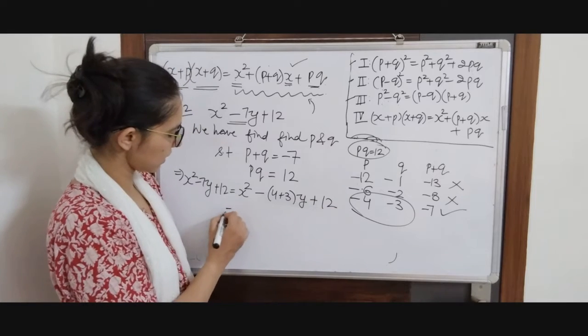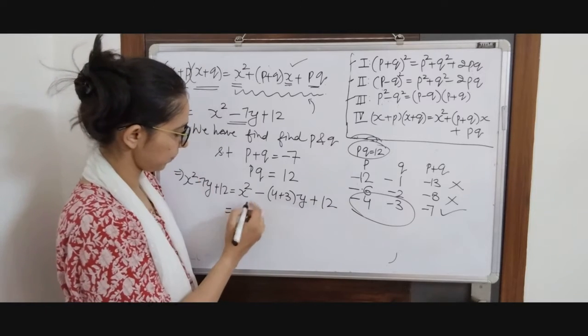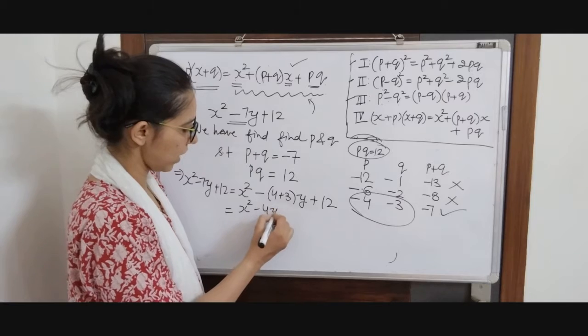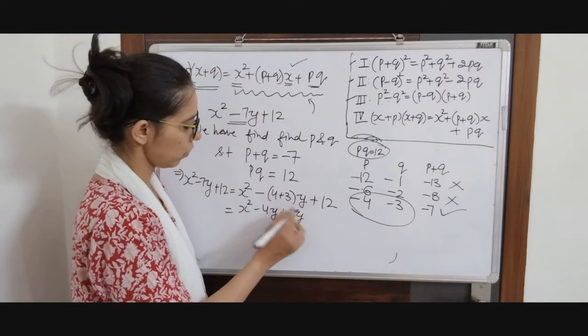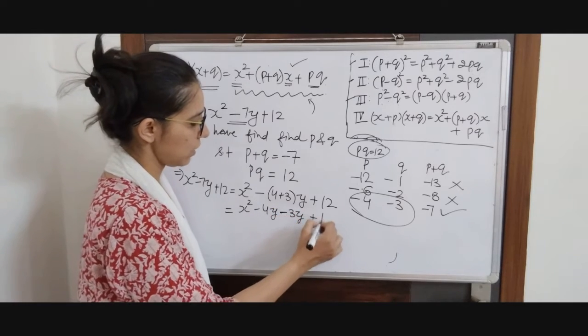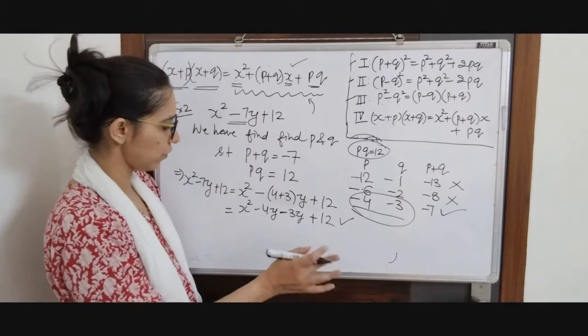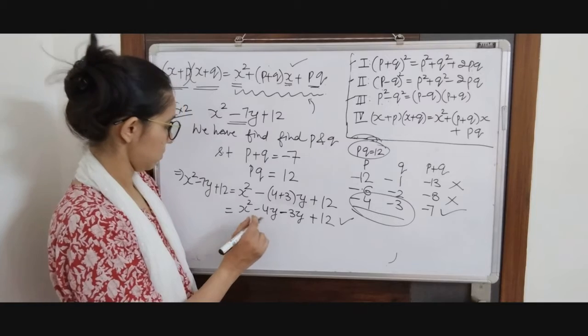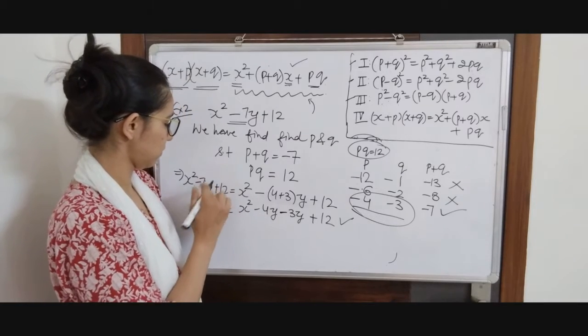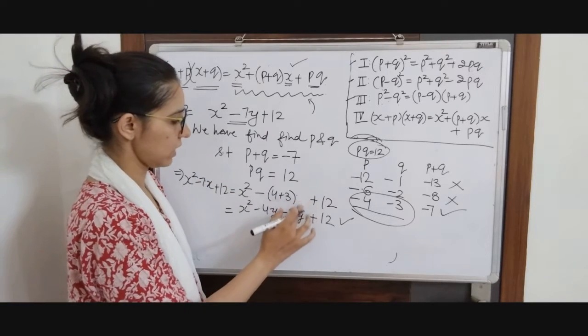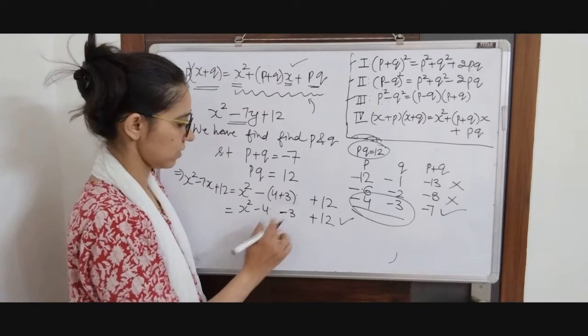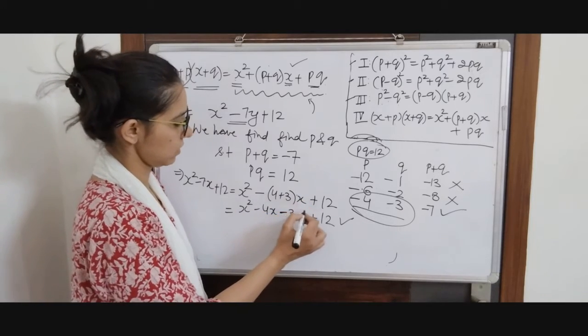In the next step you can write minus 4x minus 3x plus 12, or you can directly write this step. Sorry, this was x. This is x, and this is x.